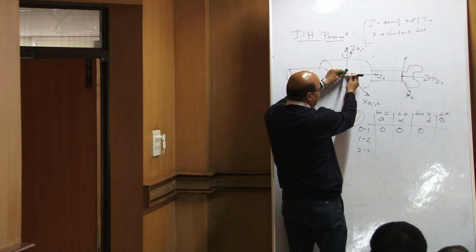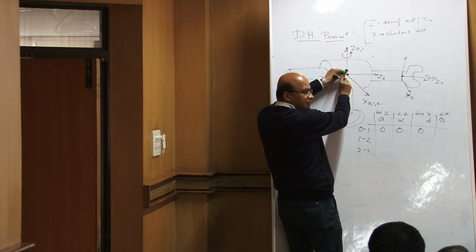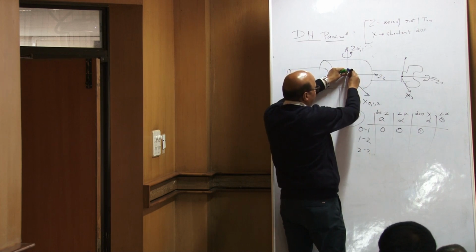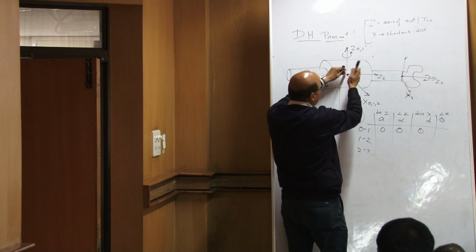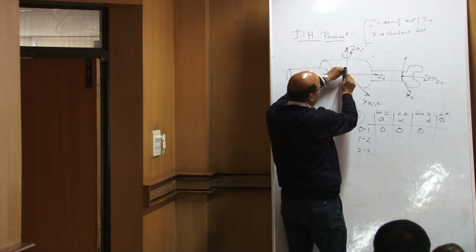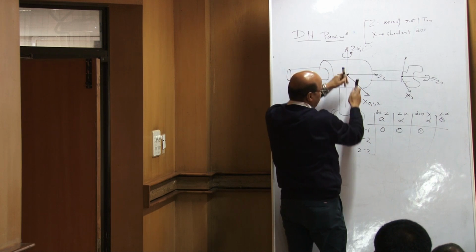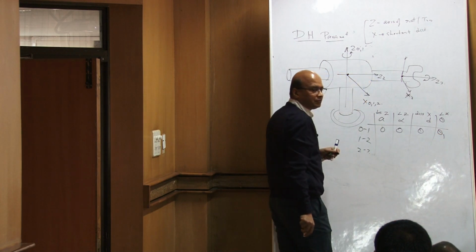So x1 will rotate that side, or this side, depending on clockwise or anti-clockwise, but it is on this plane. So the angle between x0 and x1 will change, and that is my variable theta 1.